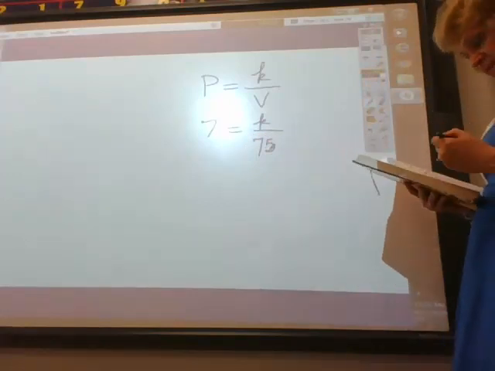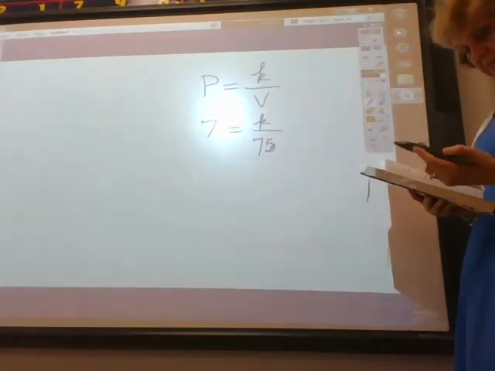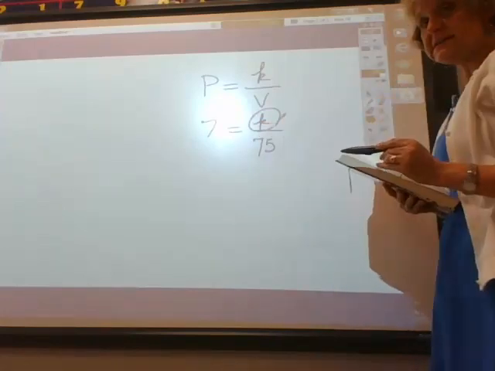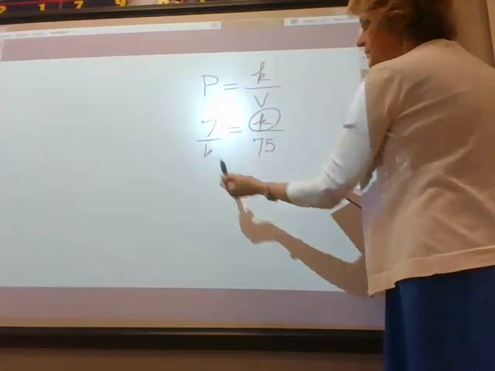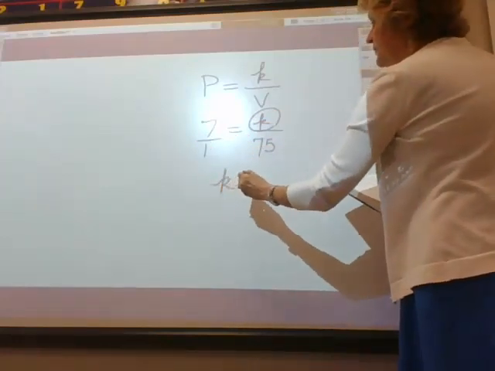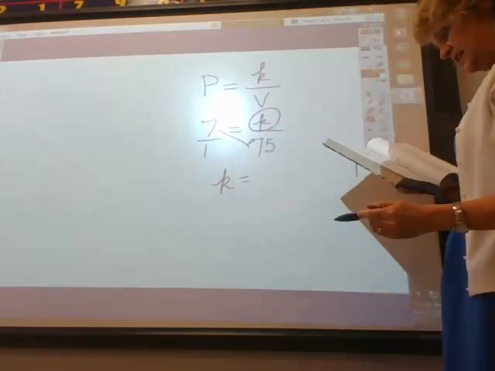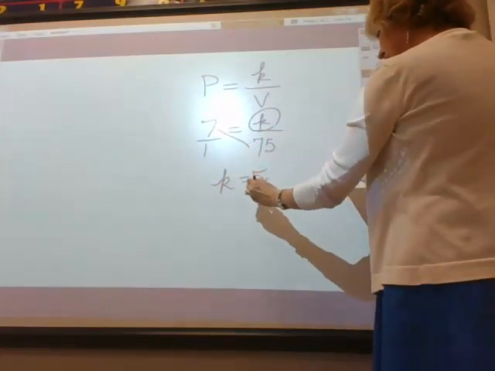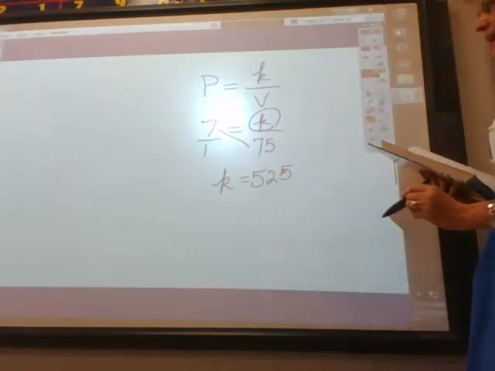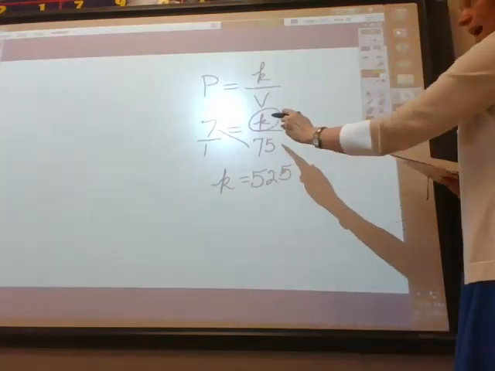So then it's asking what will the volume be if the pressure is increased to 15? Well, first of all, I'm going to have to find this constant. So think about it. It's like I'm cross multiplying, okay? So the constant then will be 75 times 7, which apparently is 525, okay? Now, I'll plug that in.